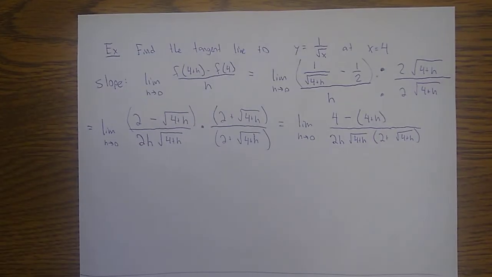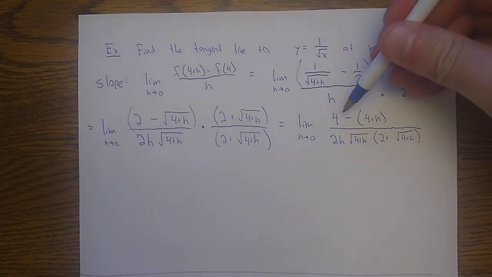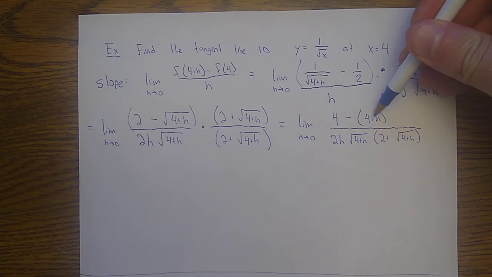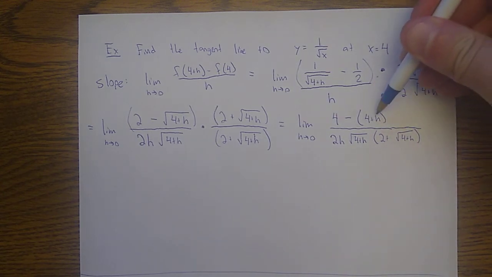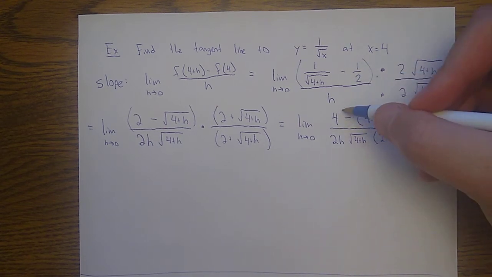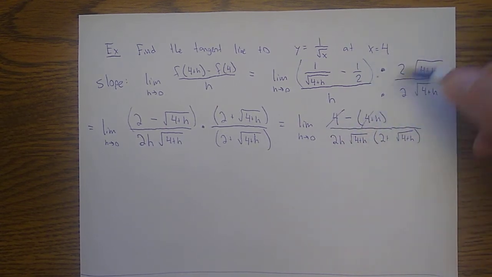Okay, now we should see that we're in much better shape. So these 4's cancel, and hopefully you can all follow this. I'll cross these off, and keep in mind what's left over is a minus h, right? Because this minus sign goes to the h.